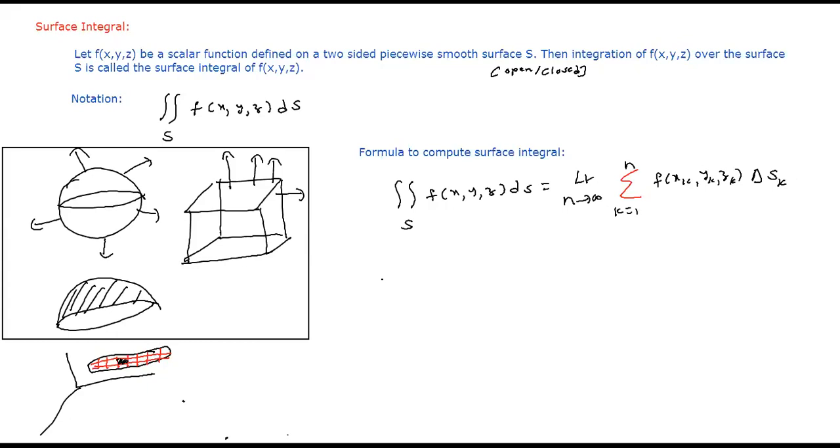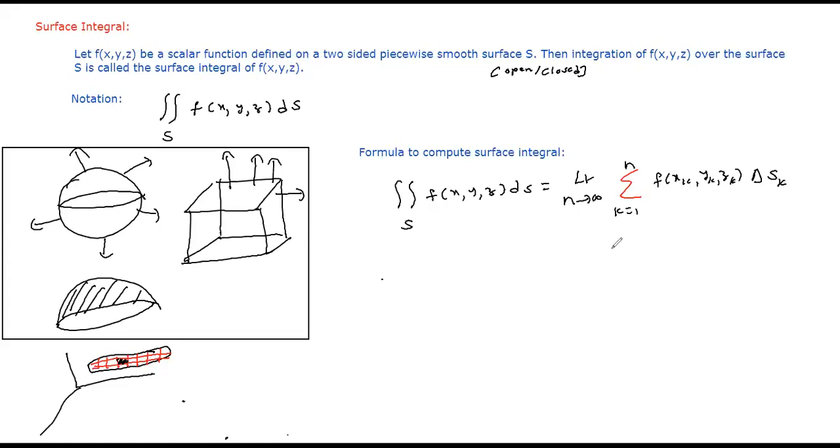So that is the actual formula to compute the surface integral. Is it not similar to the definition of the definite integral, double integral, triple integral, line integral? Yes, it is similar. Basically you need to partition the region of integration.